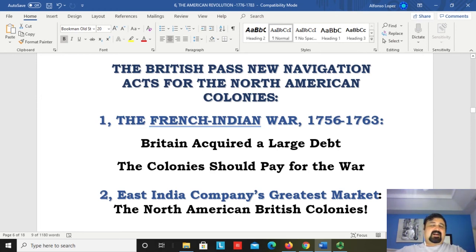But there's a couple of factors that intervene in changing the minds and attitudes of members of parliament in terms of ending the free trade system that the colonies operated under, instead closing that free trade and trying to monopolize the trade in North America. Why? Why is that? Why are they going to introduce new navigation acts to enforce the laws of trade in the North American British colonies?